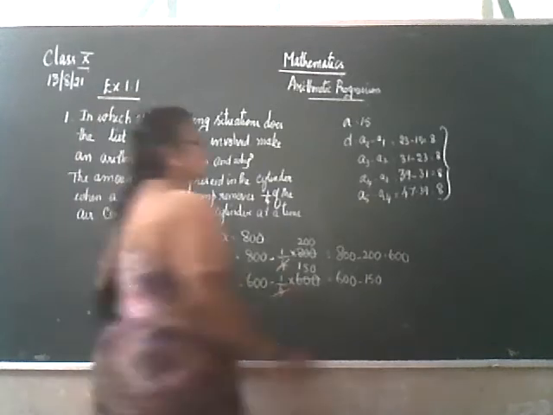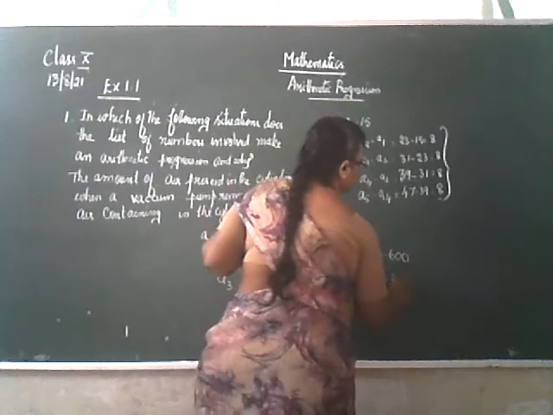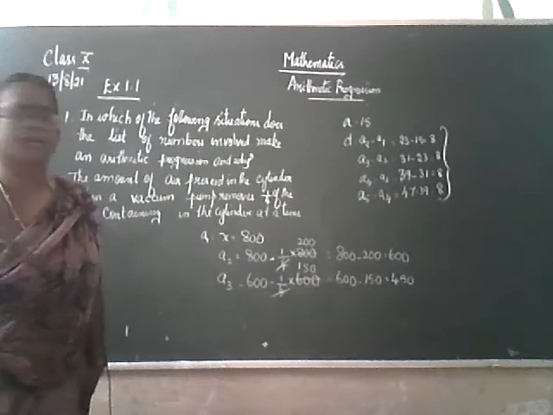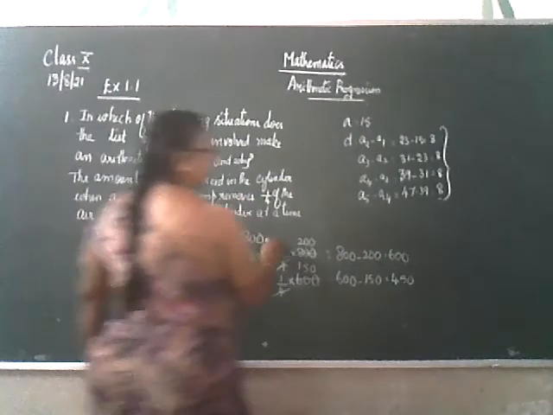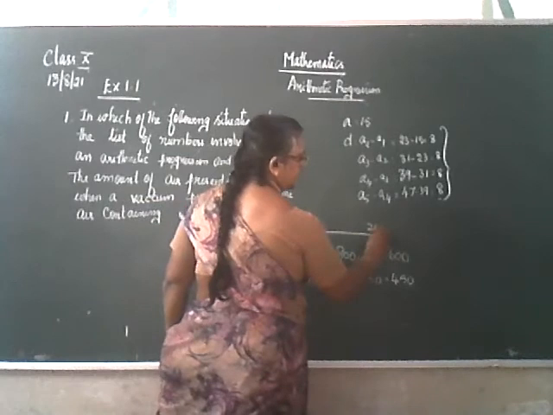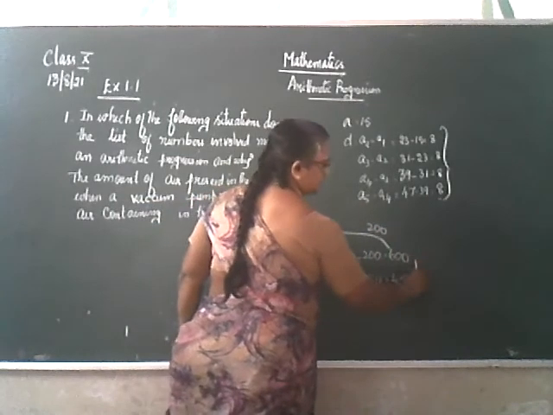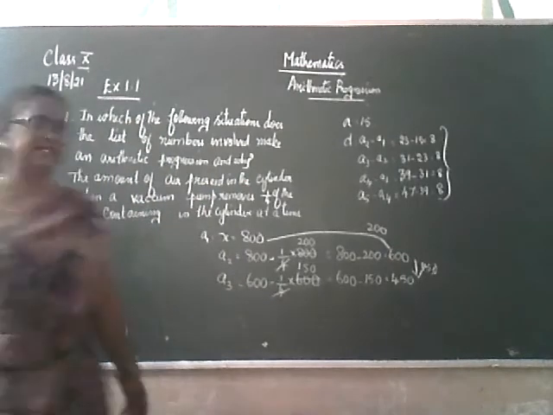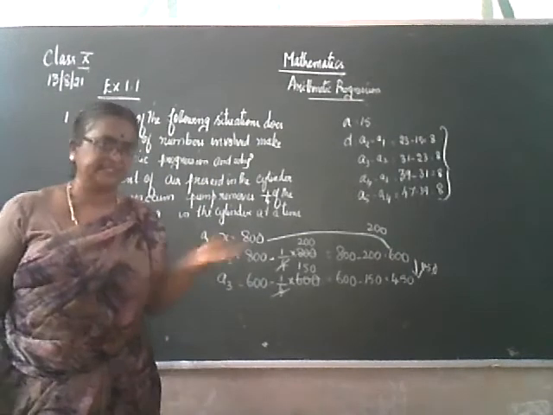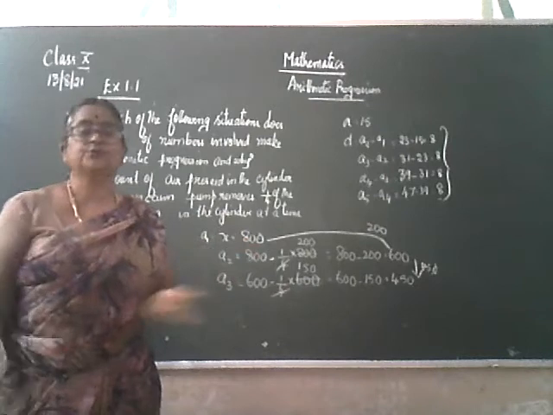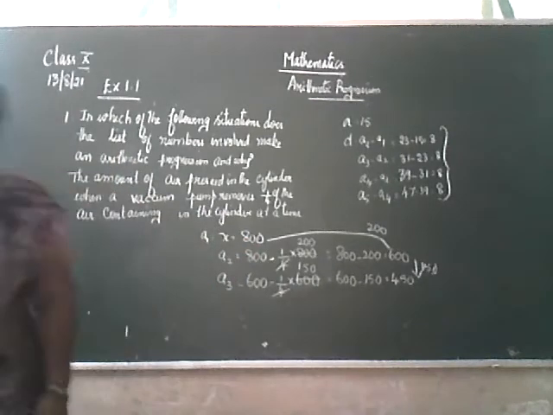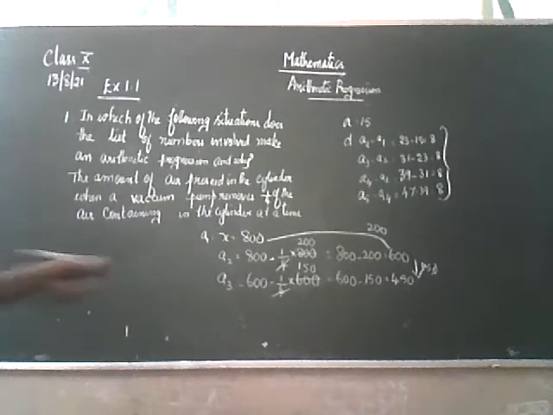So you can say 450. See the difference: 800, 600, this is 200. And what about this? 600 minus 450 is 150. Are the differences the same? No. So that means it is not an AP.